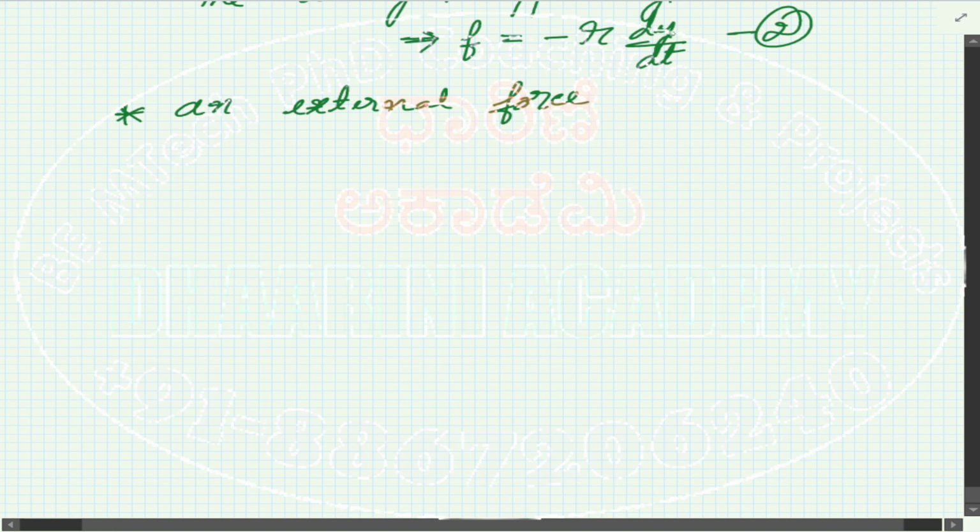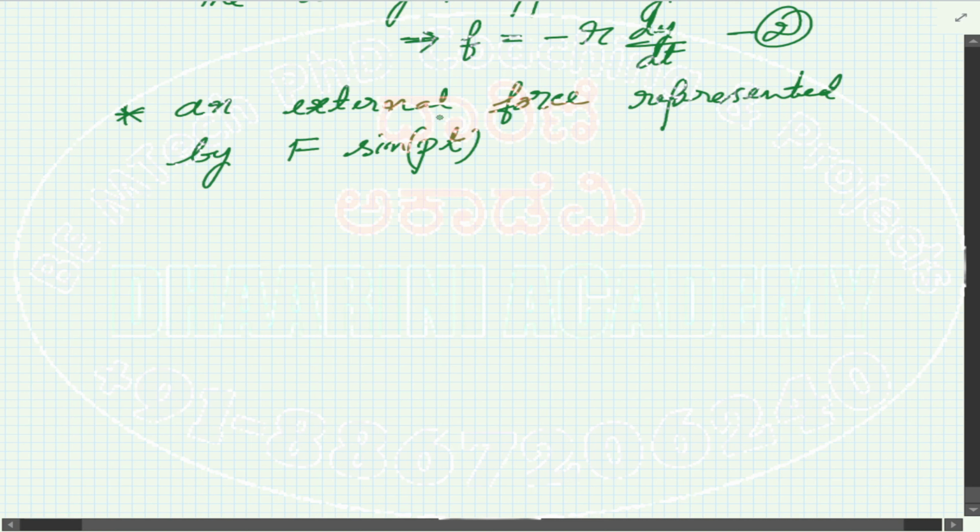It is represented by a specific function: capital F into sine of P into T, because this function has a maximum value whenever the force is at the frequency P by 2 pi.